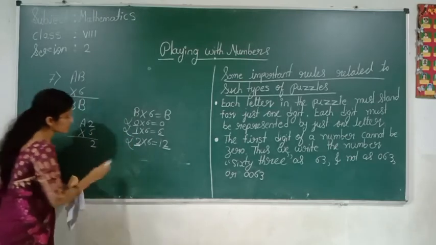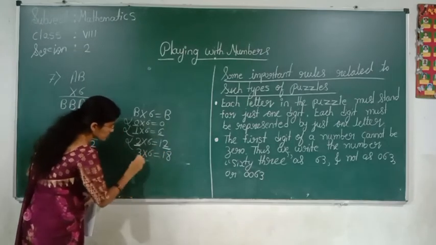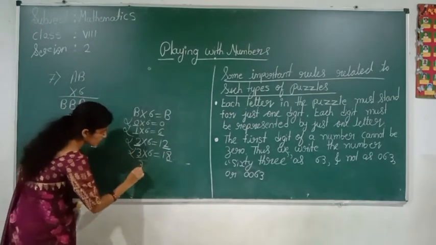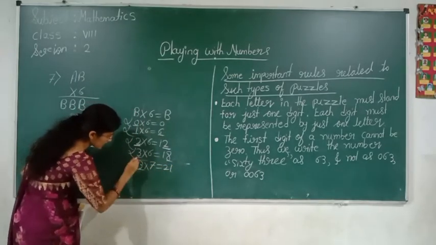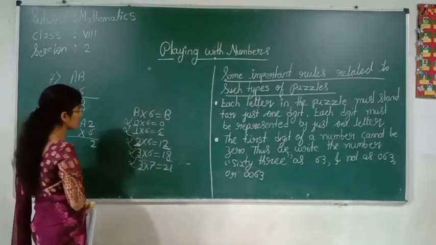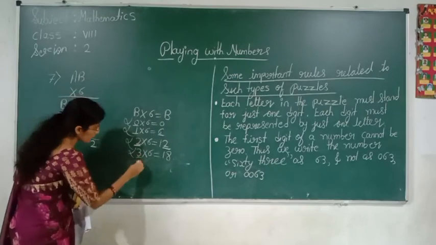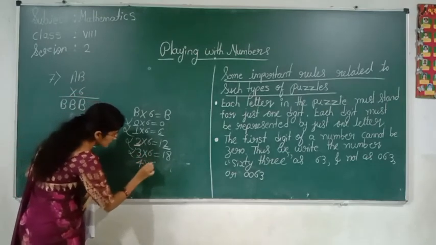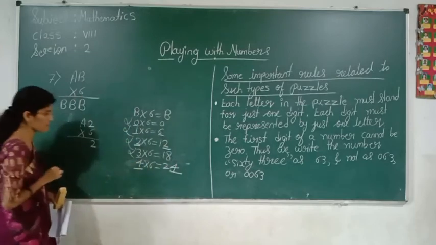Next go for a different number. 3 6s are 18. Here this is not same. 3 7s are 21. This is not same. Okay, here you put 4 into 6. 6 4s are 24. Here 4 value is same, right?